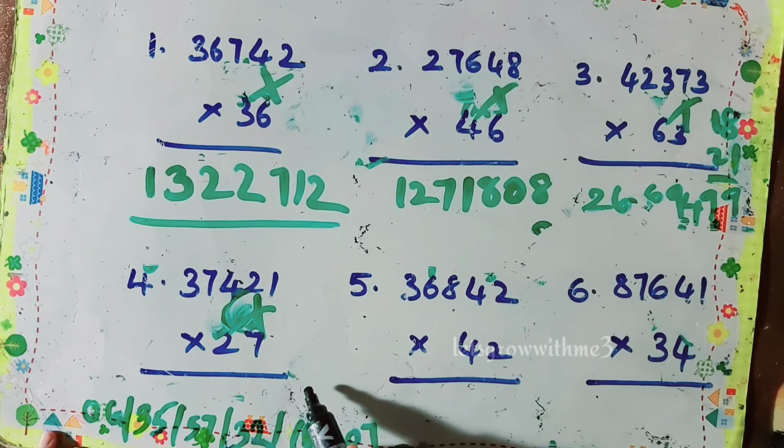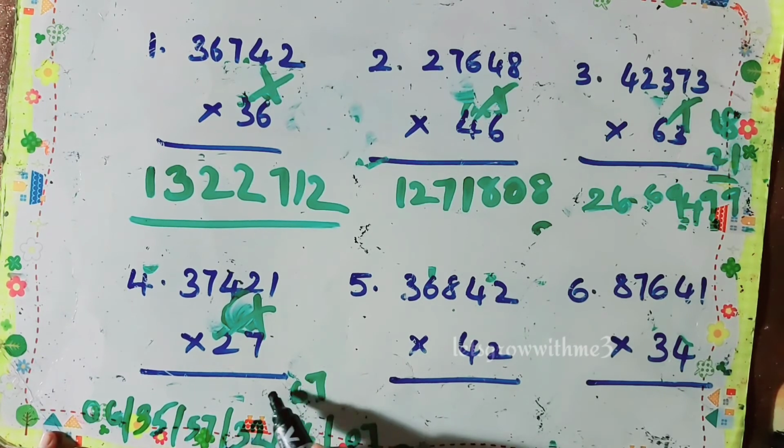Now we need to do balancing. 7 6, then 33, sorry 34, is it 34? I think 33. I wrote wrong because here the value is 32. 32 plus 1. I will erase 4 and then write 3.